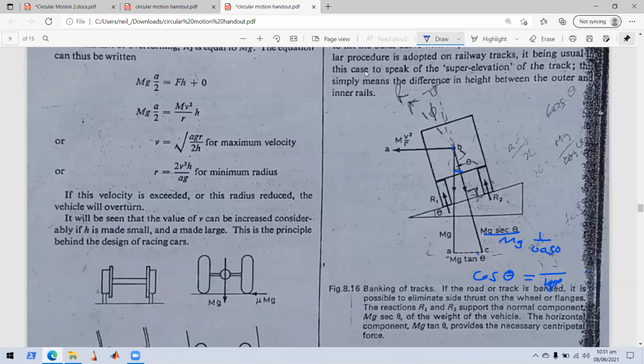If we flip it, we end up with 1 upon cosine theta equal to the hypotenuse, which is what we're looking for, divided by mg. So mg times 1 upon cosine theta, or sec theta, is equal to the hypotenuse, which is this value. So we end up with those two formulas.